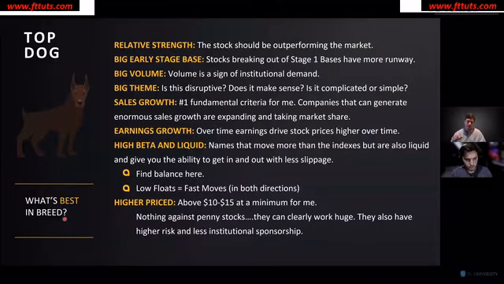And one thing I'll say that's not on here: I think a top dog may pay zero attention to the market. Go back and look at Tesla last year. There were moments where the market was going higher and you could say Tesla was showing relative weakness, but it was really just doing something totally on its own.